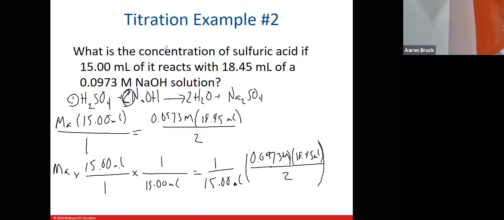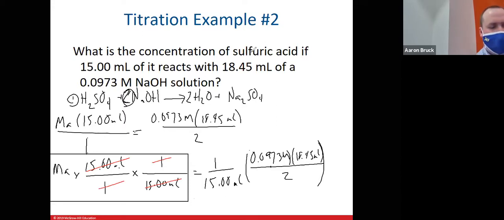On this side of the equation, the left side, I'm going to cancel my 15 mils and my 1s. All that's left over is the molarity of the acid. On the other side, my milliliter units cancel.